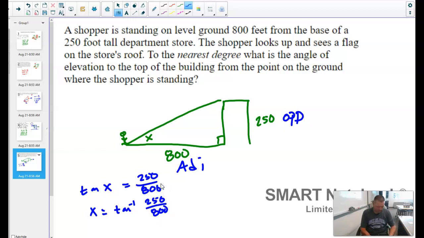And so I just typed that in my calculator, second tan, 250 divided by 800, which gave me 17.35, so 17 degrees would be the nearest degree, 17 degrees there.